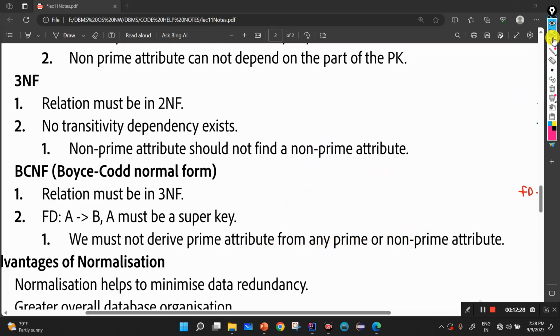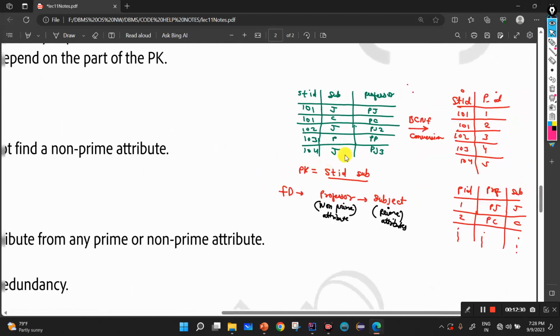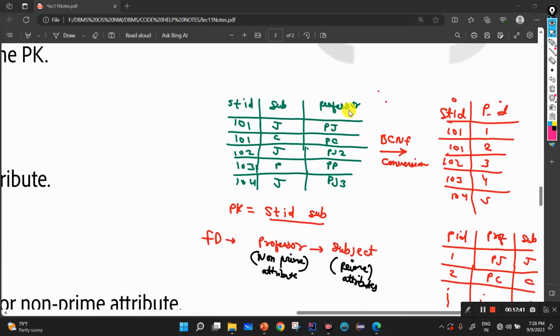Now I will explain with the help of this example. Look here at the student ID. Student ID 001, 101, and there are subjects like Java, C, Python, and professors PJ, PC, PJ2, PP, PC3.